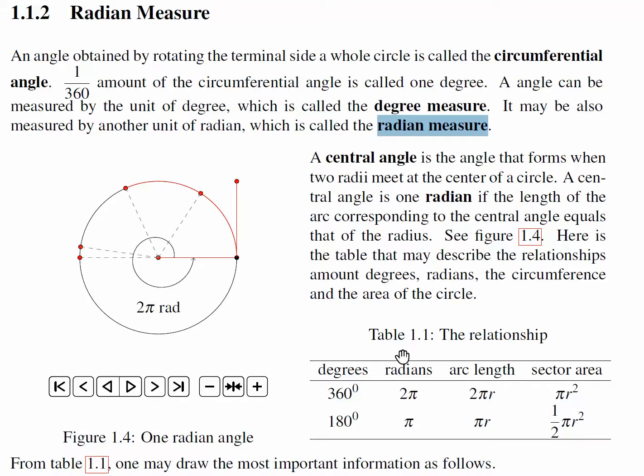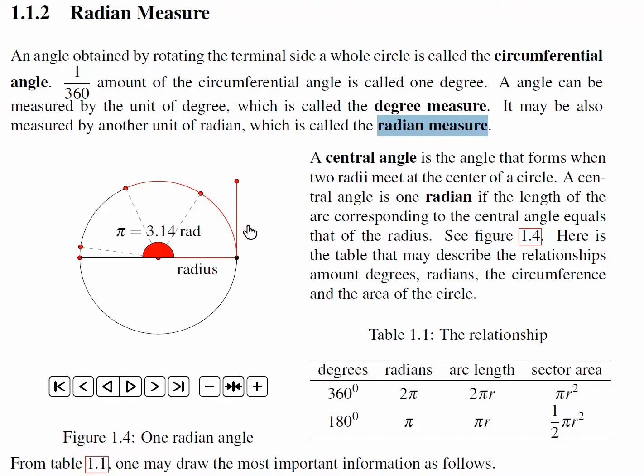Okay, and then we know the area of the disk is pi r squared. We know the arc length of the whole circle, the circumference, is 2 pi r. So we divide the first row by 2, and we have 180 degrees corresponds to pi radians. That's basically on the graph like that. Pi radians, 3.14 radians, is a straight angle, 180 degrees, which corresponds to the arc length pi r.